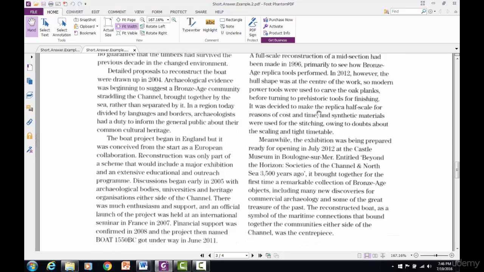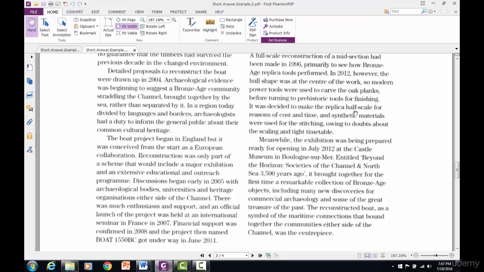And we're scanning, and we're scanning. Here we go. It was decided to make the replica half scale. So this is talking about them not making it full scale, right?